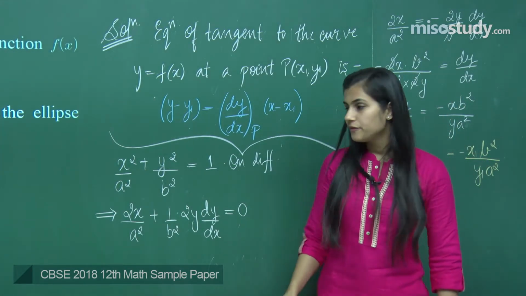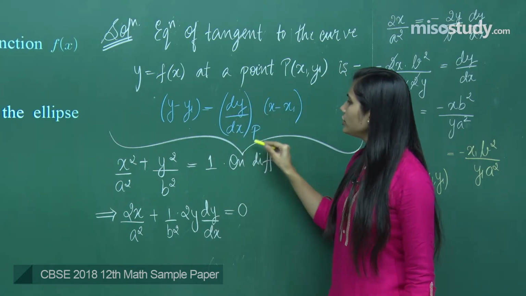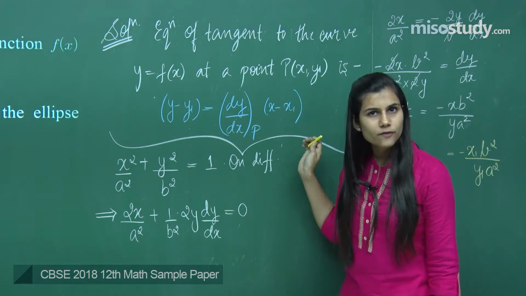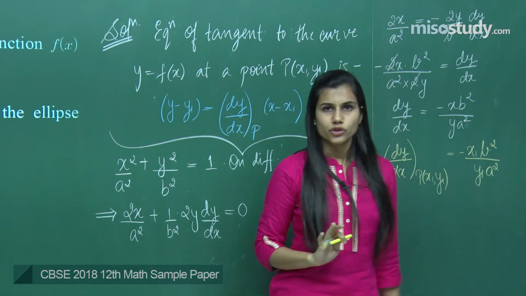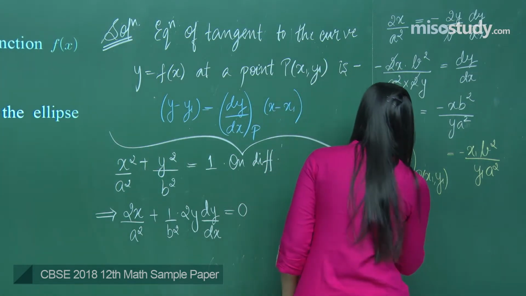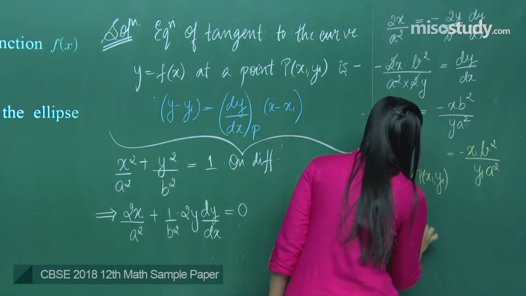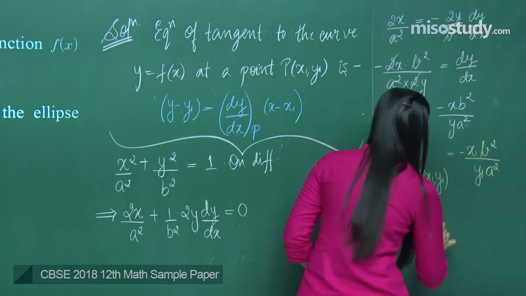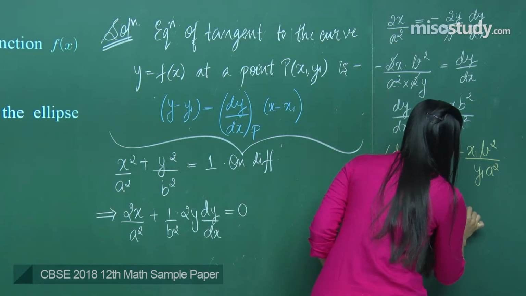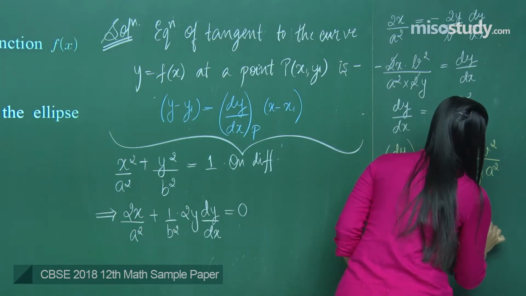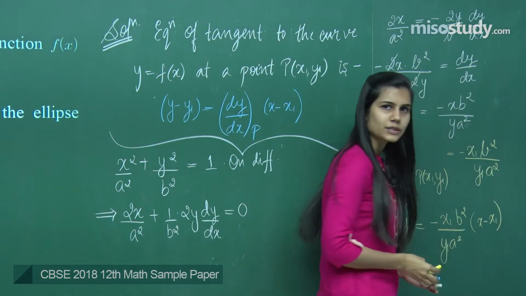Now that you have this complete portion with you, you have x1, you have y1, just incorporate it in the formula and you have your equation of tangent. So let's do that. y minus y1 equals dy by dx, which is minus x1 into b square upon y1 into a square, into x minus x1.